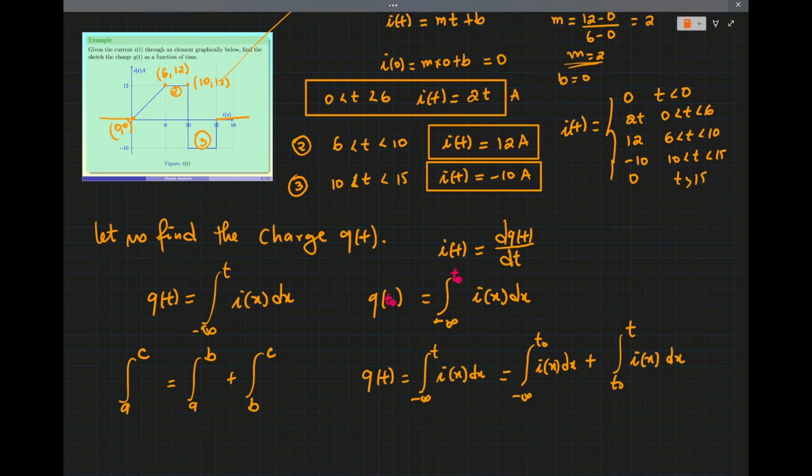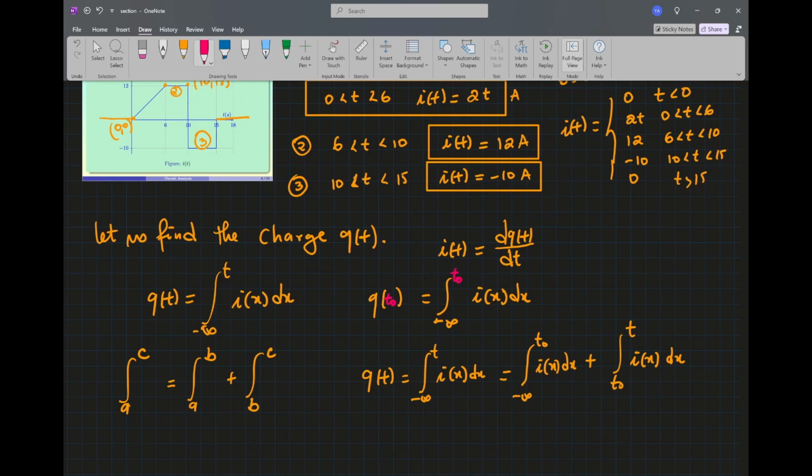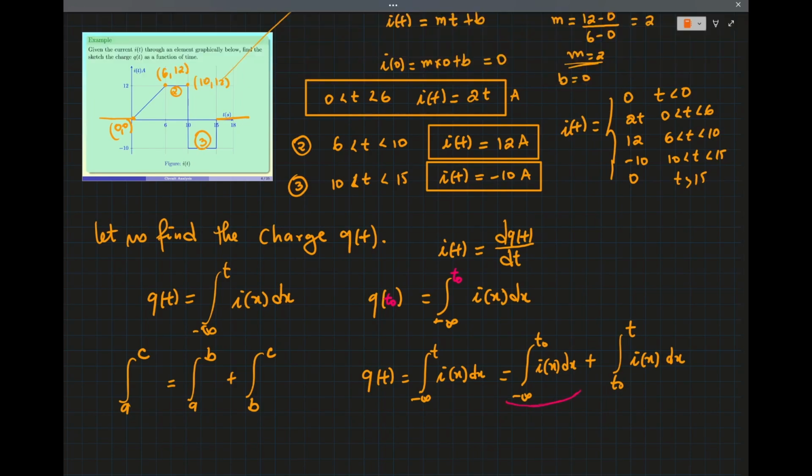The reason I'm doing this is that I wanted to capture what happens before the beginning of the new interval. The new interval starts at t0, for example. So this is equal to q of t0, because q of t0 captures everything right up to t0, plus the second term, the integral of I of x dx.